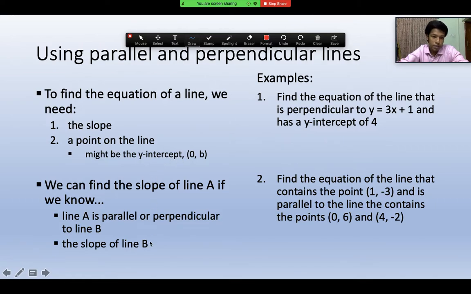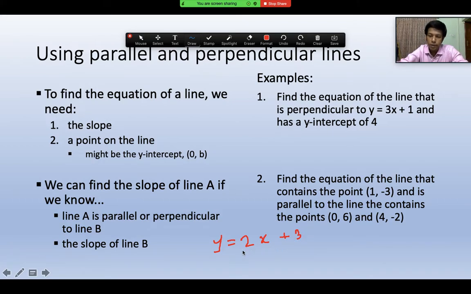And then if two lines are parallel or perpendicular to each other, from parallel and perpendicular we actually get the concept of slope. For example, say y equals 2x plus 3 is a line, and we have to find another line which is parallel to this line and goes through some specific point.